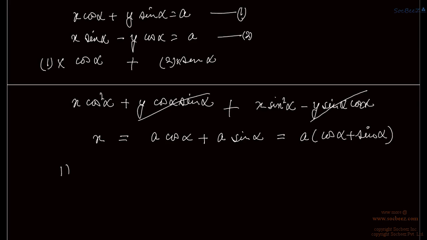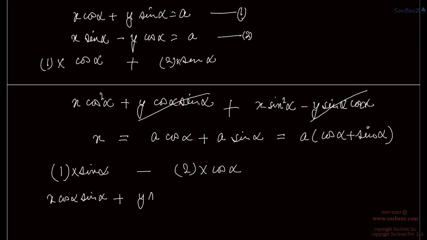Similarly, we have eliminated y. If we want to eliminate x, we have to multiply equation 1 by sin alpha and equation 2 by cos alpha, and then subtract equation 2 from 1. So we have x cos alpha sin alpha plus y sin square alpha, and in equation 2 we have x sin alpha cos alpha minus y cos square alpha in left hand side.